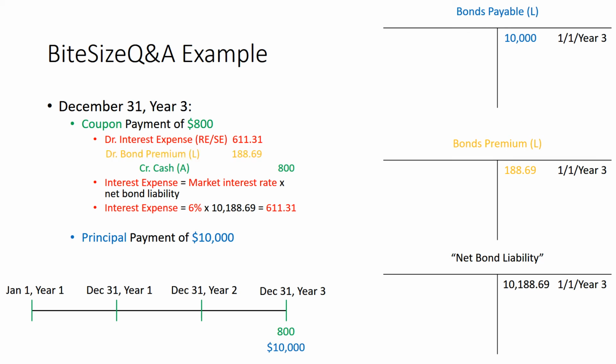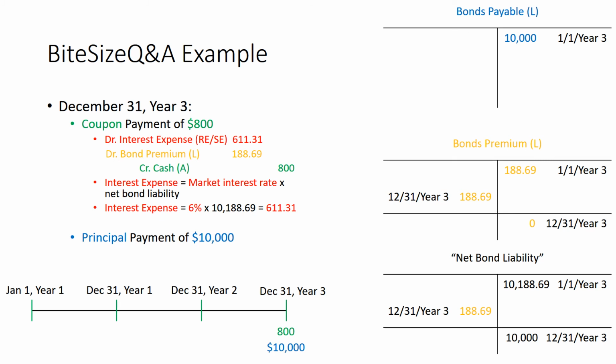We need to debit bond premium by $188.69 to make sure that our total debits equal the credits. We can record this in our T account. Notice that after the coupon payment, the bond premium goes down to 0, and the net bond liability fake T account goes down to $10,000.